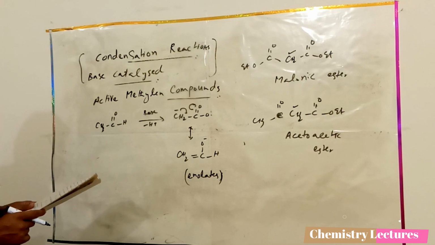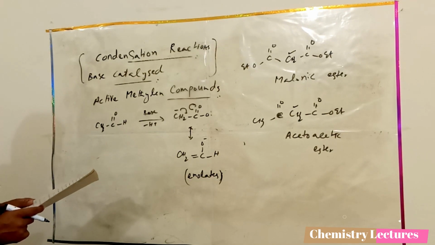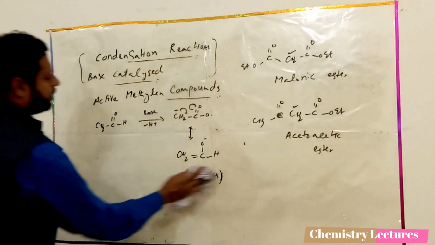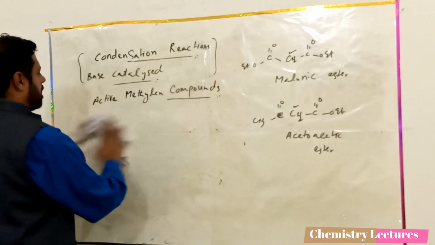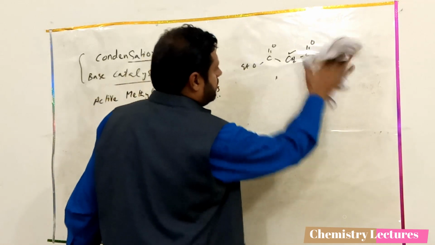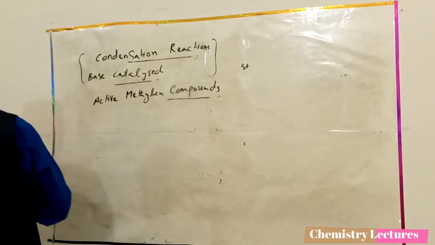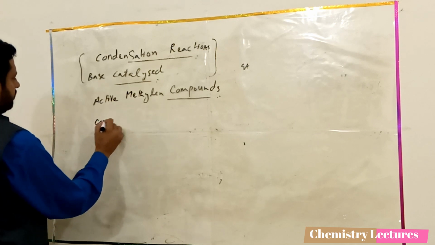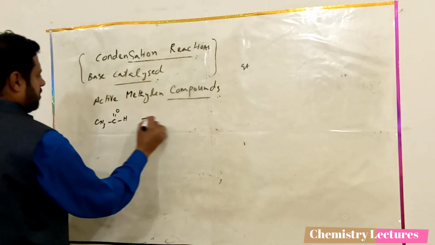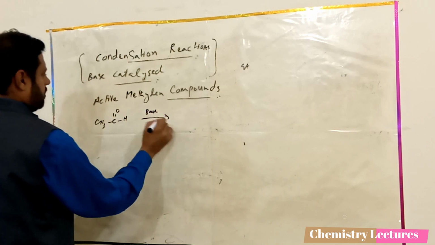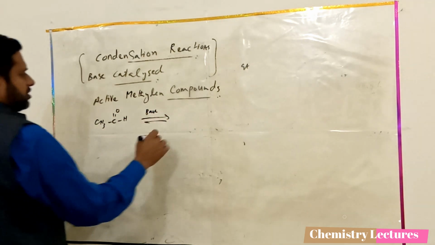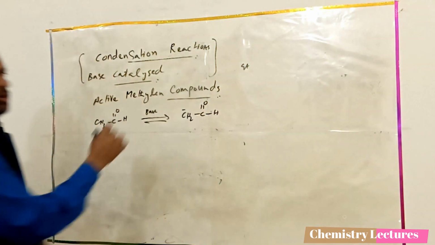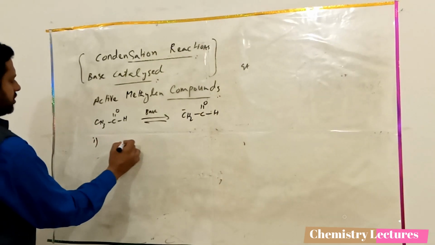Next one. Enolates carry out two types of functions. When an enolate is formed, for example from this one, and you remove the proton, these are reversible reactions. Now these enolates can carry out two types of functions.